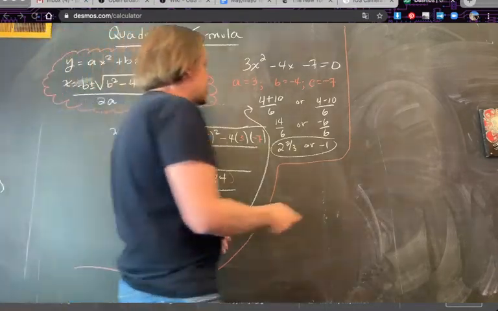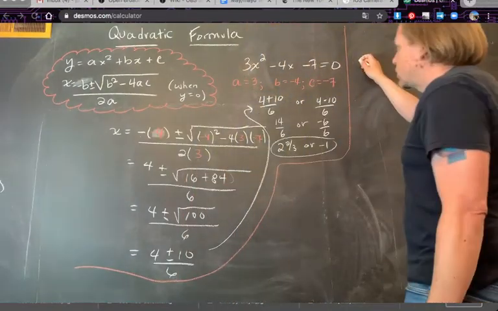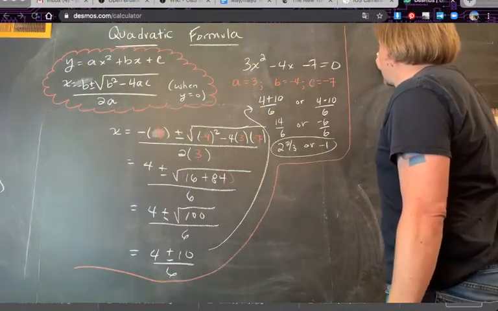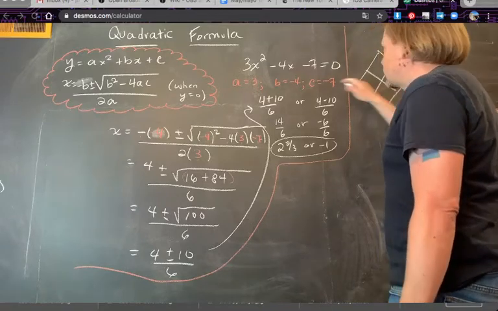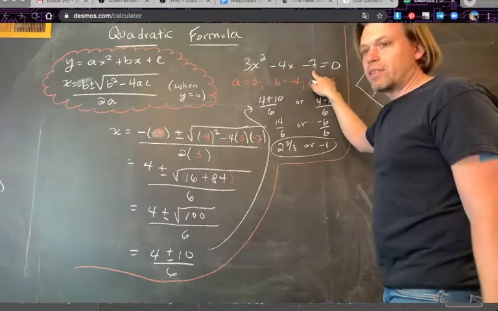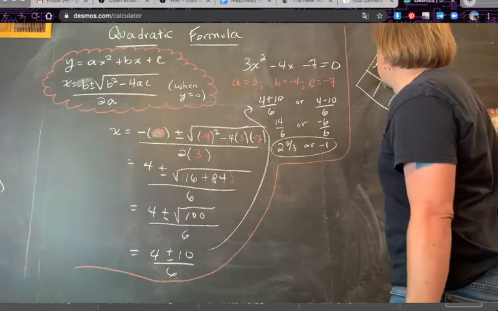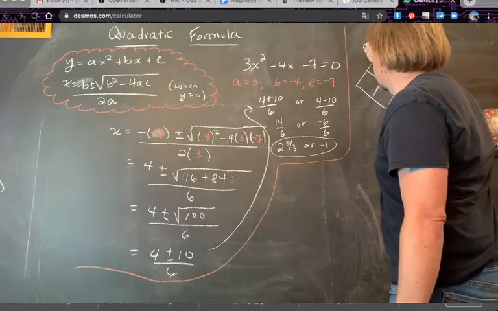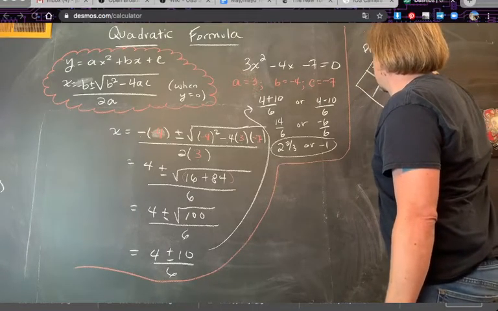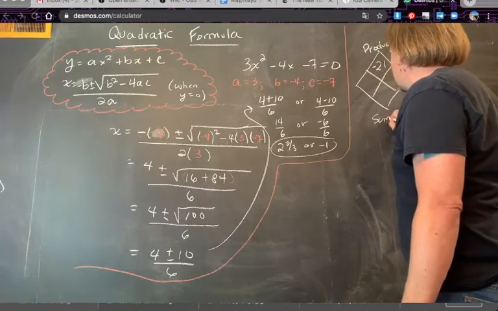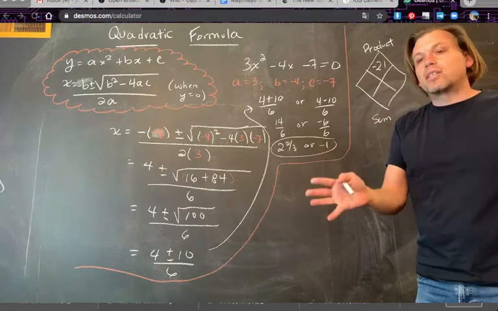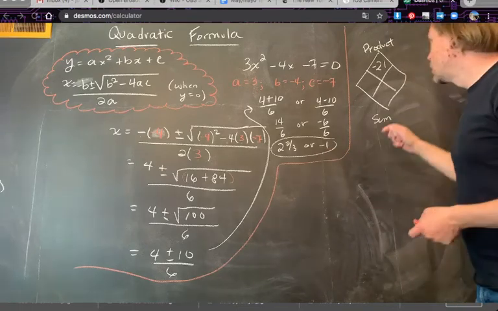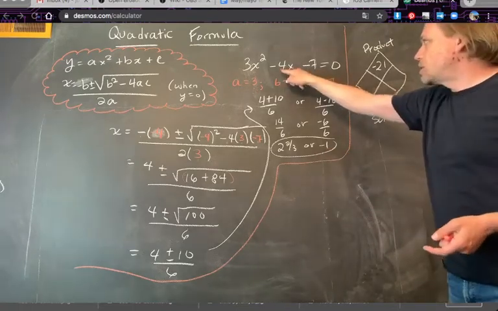If I take this, 3x squared minus 4x minus 7, and remember we made these diamond problems? To factor it, we took 3 times negative 7, we got negative 21 for the product. And then down here we have the sum. So again, the problem's finished. It's just I wanted to show you one more thing. The sum would be this number in here, negative 4.